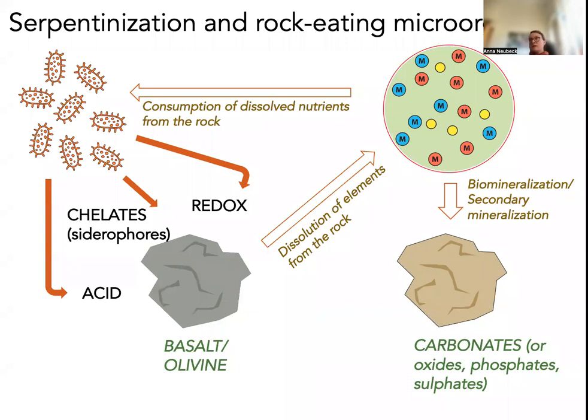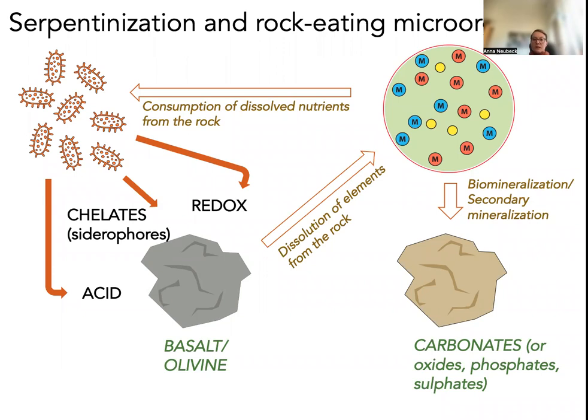In a hydrothermal vent system, we can have microorganisms living in the chimney attached to the rocks, dissolving the rocks and extracting the nutrients from the rock, or we can have those microorganisms that consume the already dissolved elements in the fluids or in the plume of the hydrothermal vents.